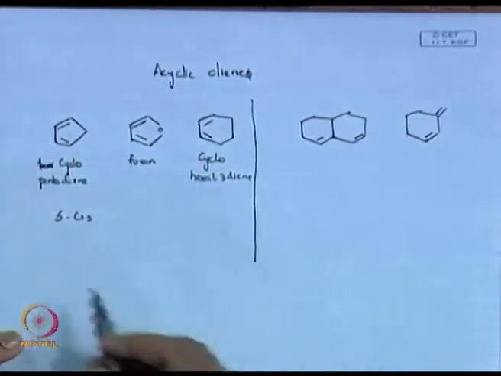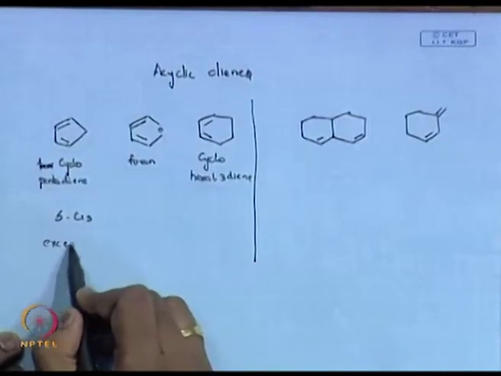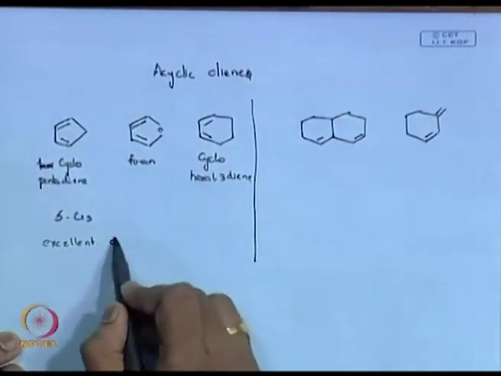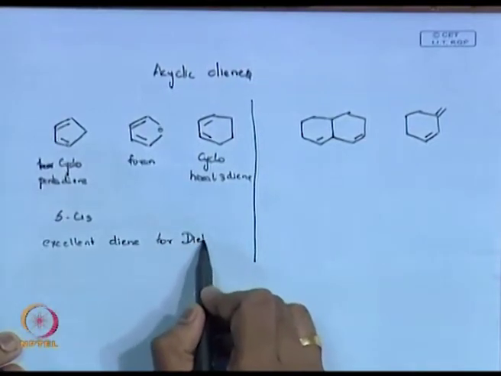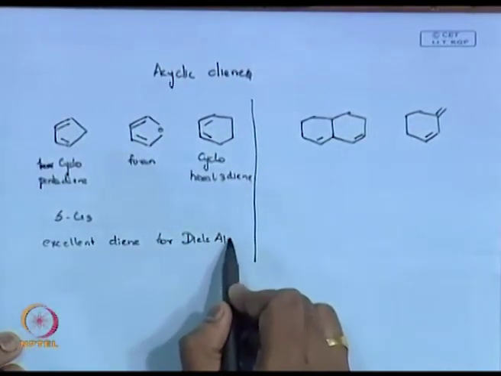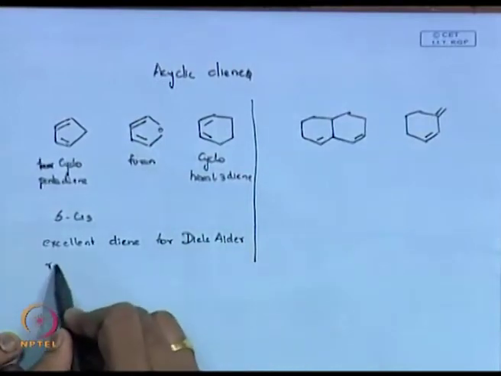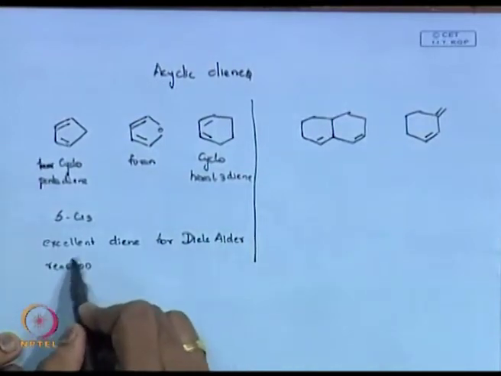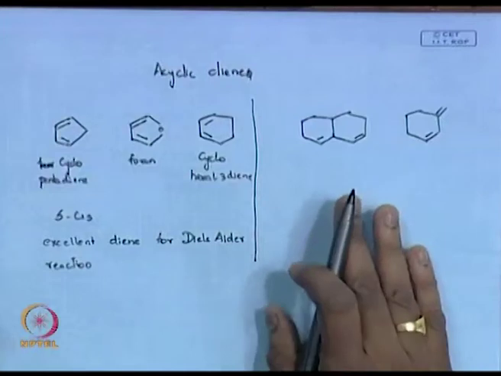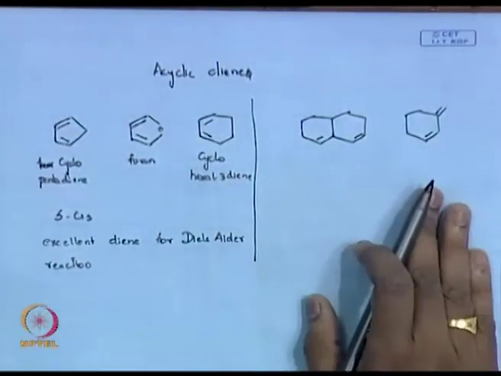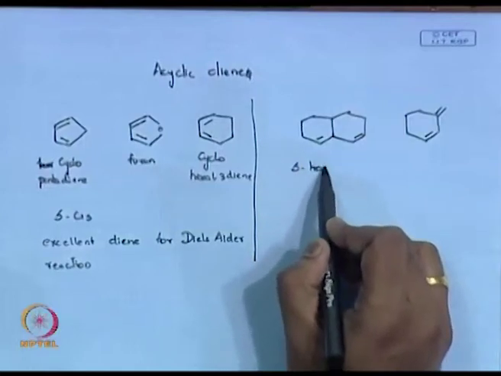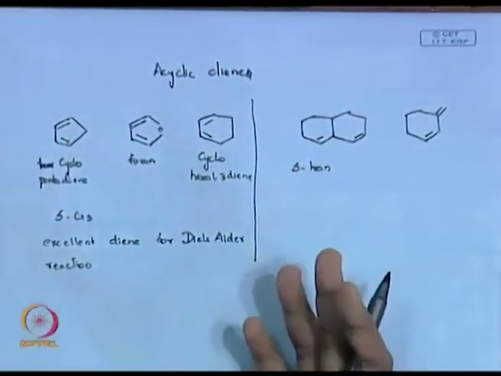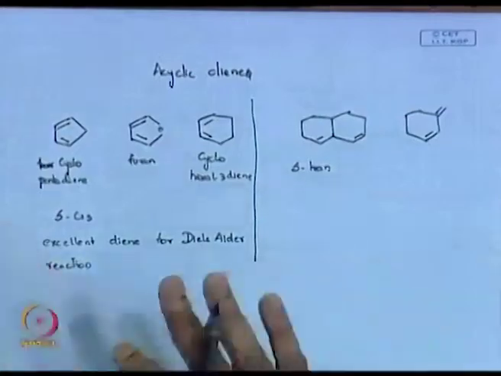and they are excellent dienes for Diels-Alder reaction. But if you come to this other class of diene, they are S-trans; the conformation is locked in S-trans, and they cannot go to the cisoid form.